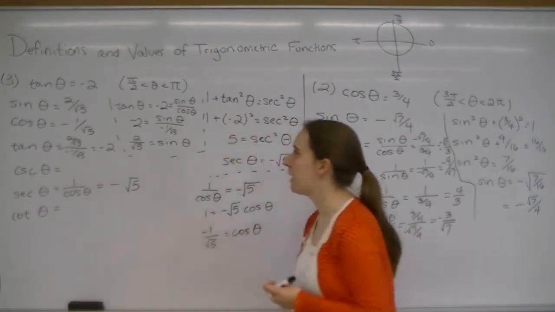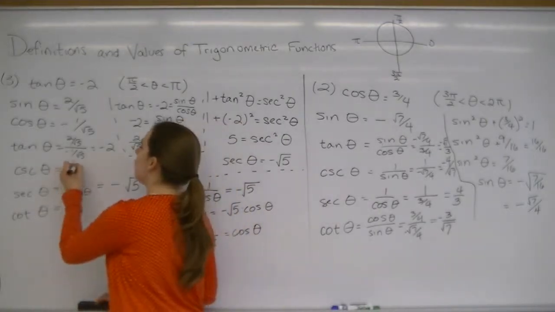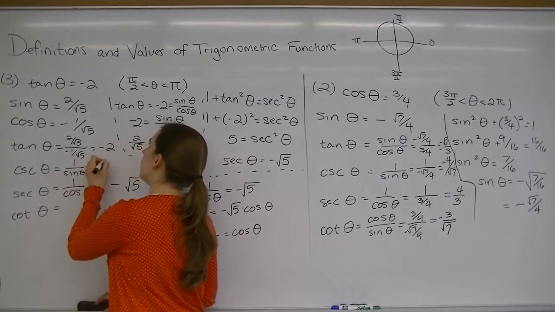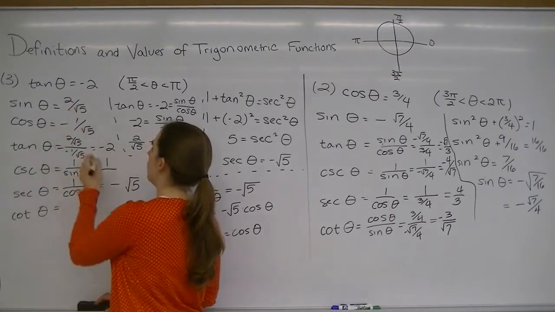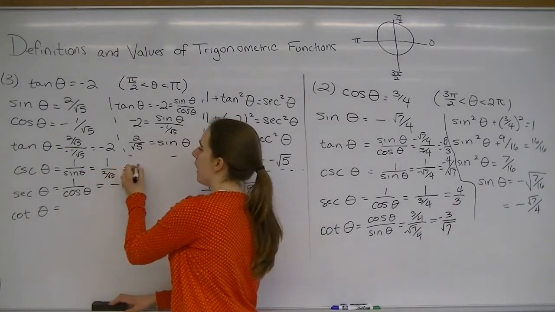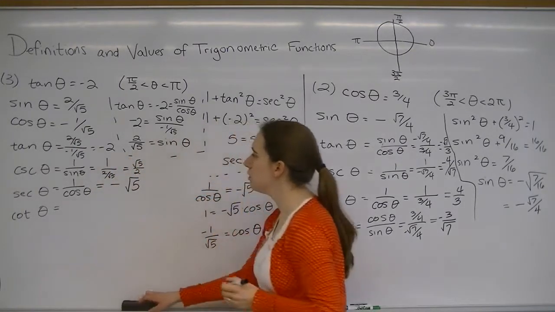I wrote that down twice. Anyway, you get the idea. Secant will be 1 over sine of theta, 1 over 2 over the square root of 5. So I flip that bottom fraction, multiply times the 1. So it's the square root of 5 over 2.